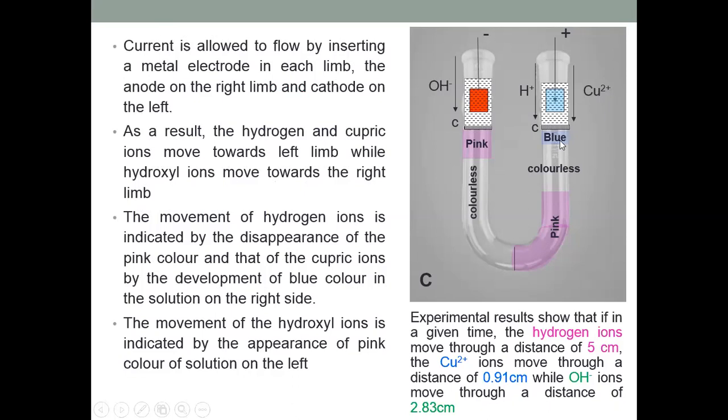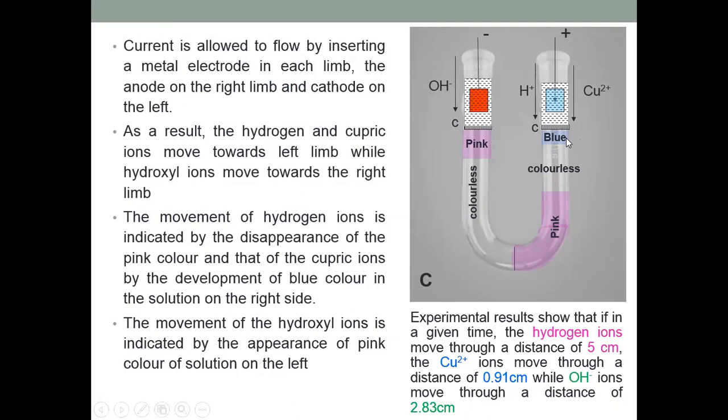So the distance till which it is blue will give us an estimate of the speed of the copper 2+, and the distance to which it is colorless will give us the relative speed of the H+. Now we can clearly see the length of the colorless region is larger than the blue one.